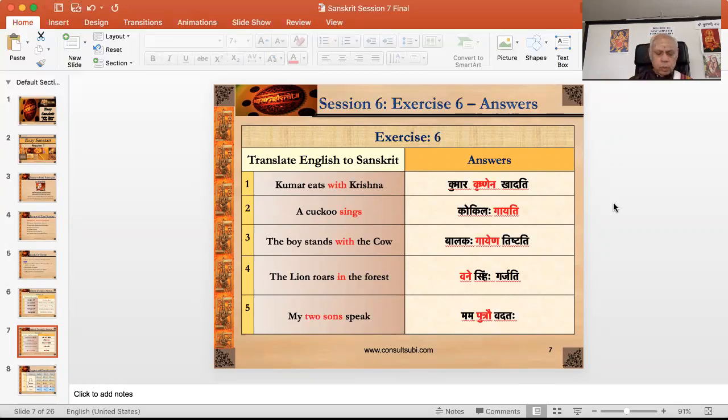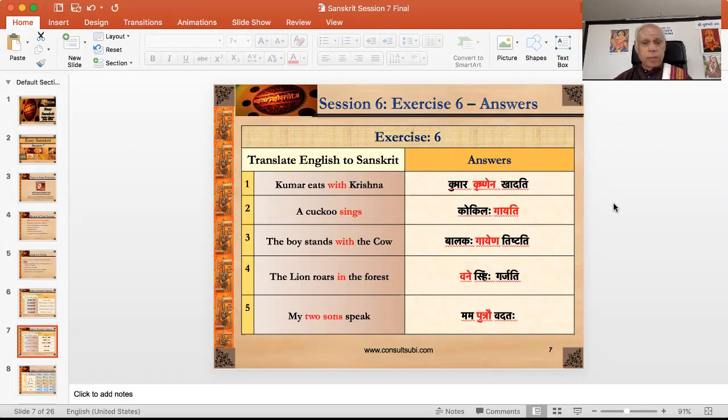But somebody has used the word Bhakshati. Now, Bhaksha also means eating, but a little harder form, kind of devouring or biting. So, the gentler form of eating is Khadati. It is more appropriate. Kumar Krishnena Khadati. A cuckoo sings. You can say Pikaha or Kokilaha. Both are same.